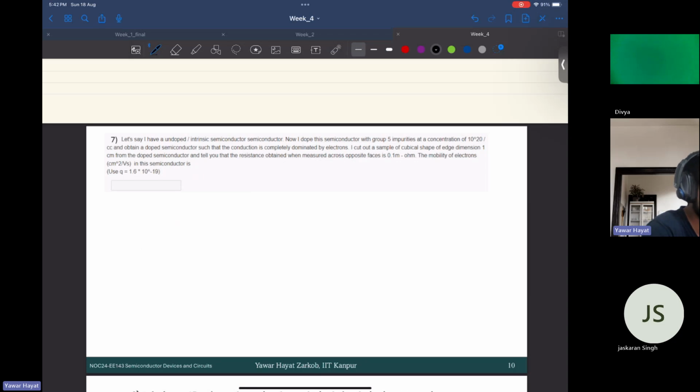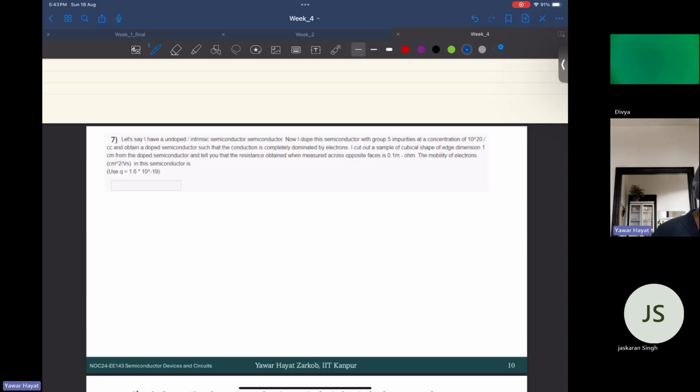Now I cut out a sample of cubical shape of edge dimension 1 centimeter from the doped semiconductor, and the resistance measured across the opposite faces is 0.1 milli ohm. What is the mobility of electrons in the semiconductor? We need to compute that. Q we can take as 1.6 into 10 to the power minus 19.